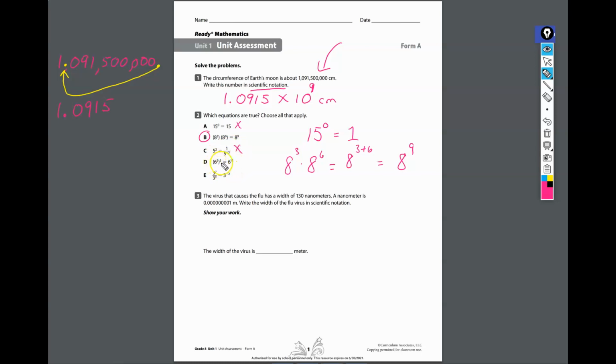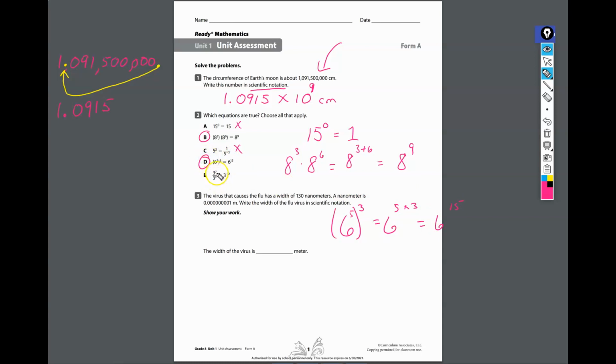D, if I have a power raised to another power, then I'm going to be multiplying. So there, that would give me 6 to the 5th power times 3. So 5 times 3 is going to give me 6 to the 15th power. So that is true.